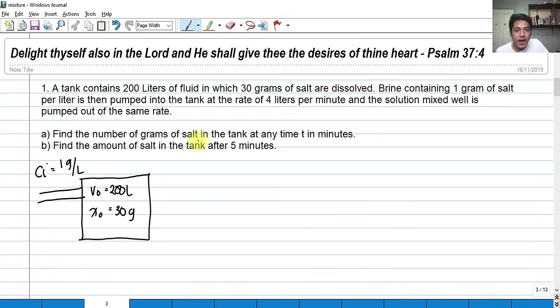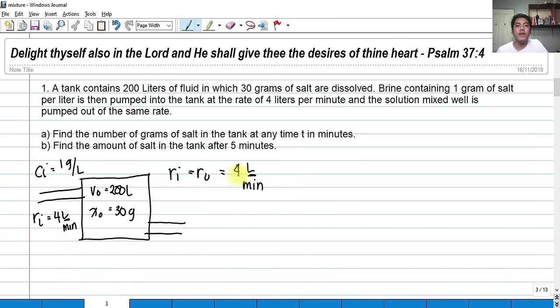It is coming in at a rate of 4 liters per minute. And the solution mixed well is pumped out at the same rate, meaning r sub i is equal to r sub o, because it is pumped out at the same rate. So r sub o is now equal to 4 liters per minute.